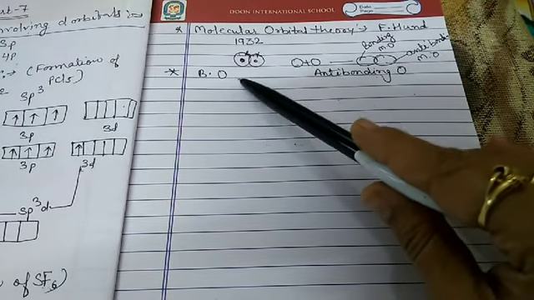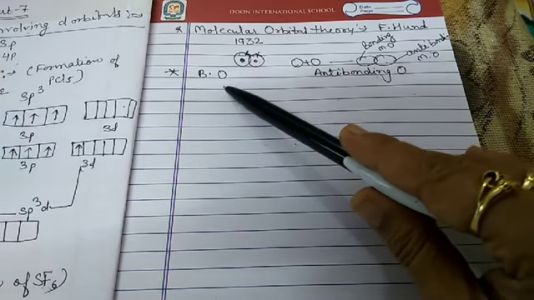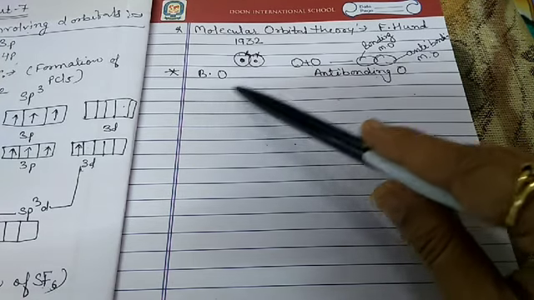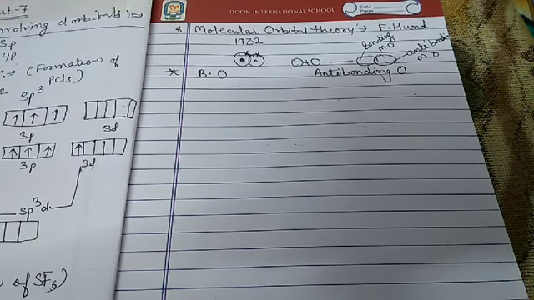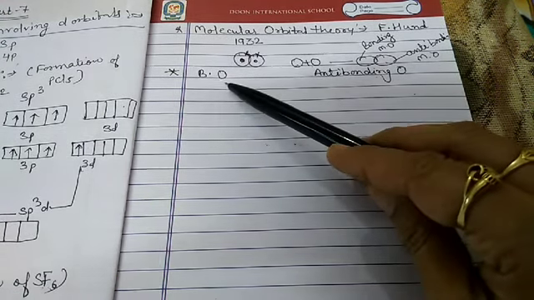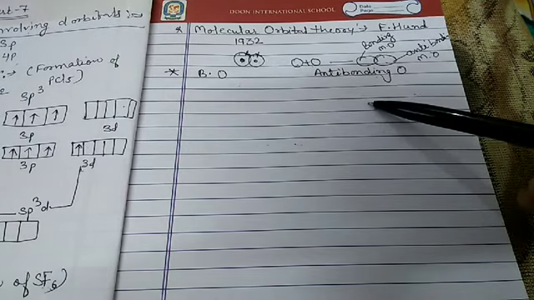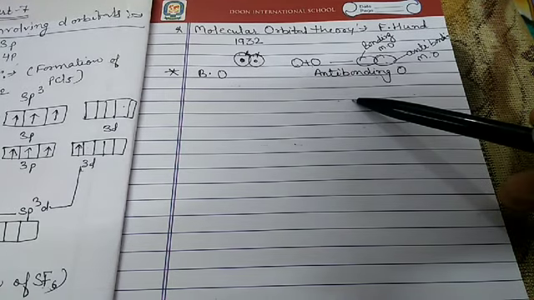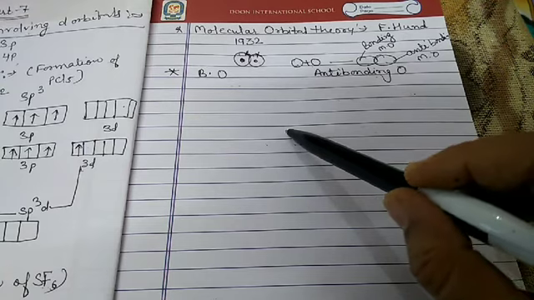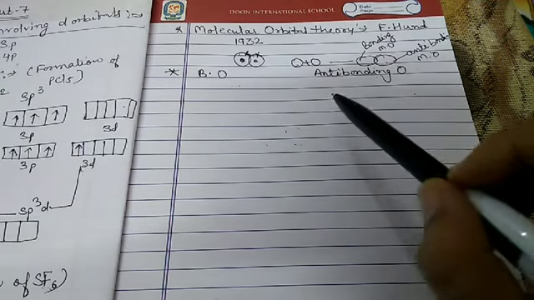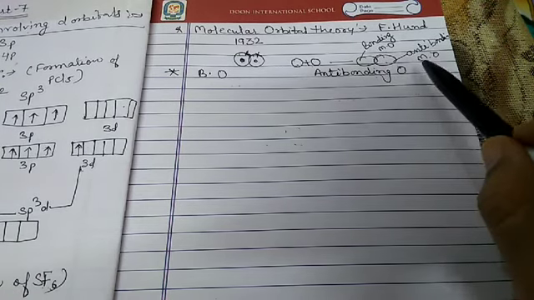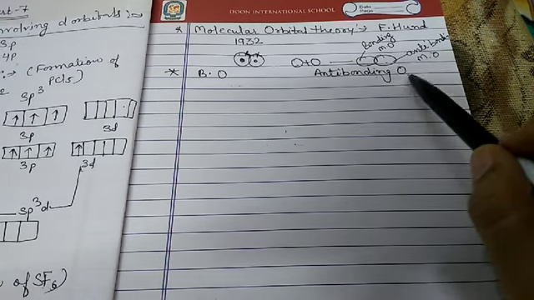Bonding orbitals are formed when the lobes of the combining atomic orbitals have the same sign. That time we get the bonding orbital. And if the lobes of the atomic orbitals have opposite signs, one positive and another negative, then we have the anti-bonding molecular orbital.